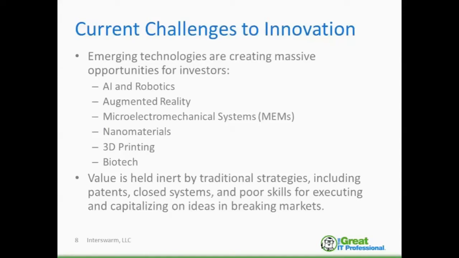In the environment now, especially with the massive amounts of data available in the world, especially as these open data projects ramp up more and more at the civic level, AI and robotics, augmented reality, micro electromechanical systems, nanomaterials, 3D printing, biotech, those are just a few things I could name off the top of my head.